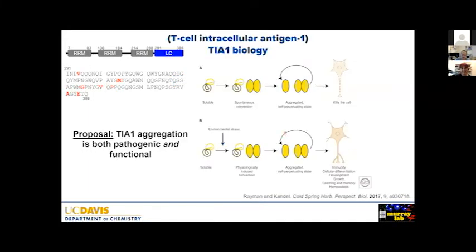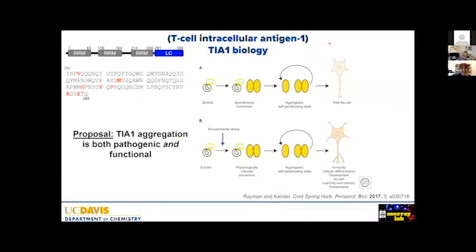So a final piece of information that I find particularly interesting was a proposal put forth by Joseph Raymond and Eric Kandel from Columbia University, where they have proposed that the TIA1 aggregation could be both functional and pathogenic, right?